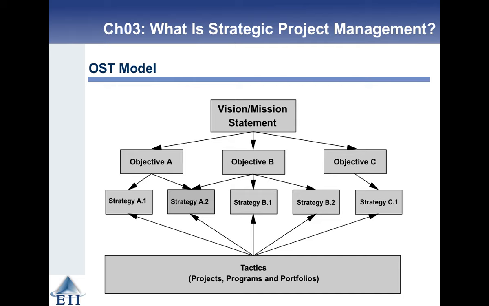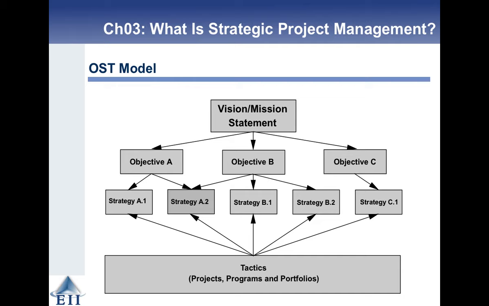So here's, if you like, a hierarchy of how a company works and where a project may fit within a company. Right, so we've got the vision statement or the mission statement for the company or for the non-profit.